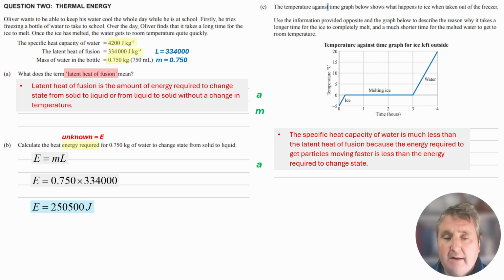Now we could carry out a calculation here for both of these, but in this case, if you can state that the specific heat is much less than latent heat, you get an achieved. If you can say why, because it's just moving the particles instead of breaking bonds, then they give you a merit. Okay, let's go on to the next question.